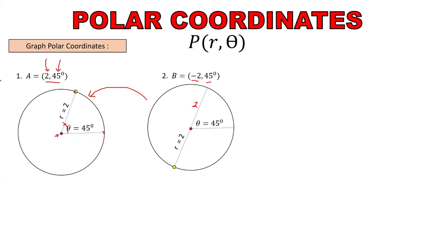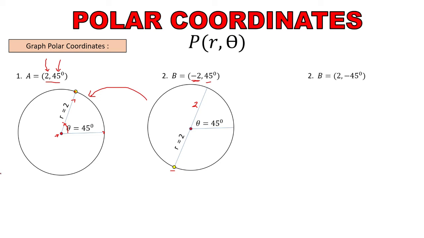The negative sign gives the orientation of the segment. In the exercise before, the orientation is on the same side as the angle, but now it's on the opposite side. When r is negative, after you find the angle, you move in the opposite direction. And now this is the point (-2, 45 degrees) in the polar coordinate system.